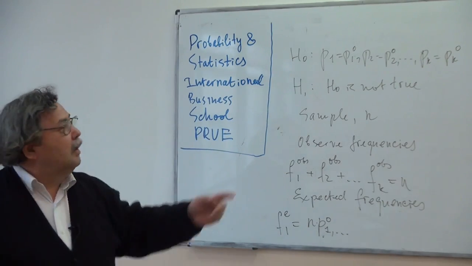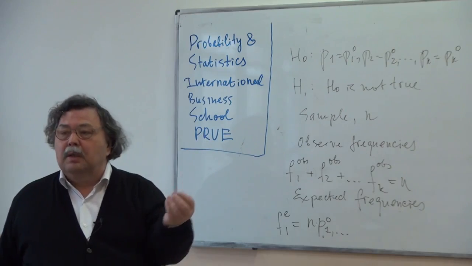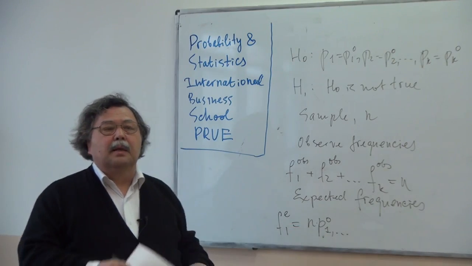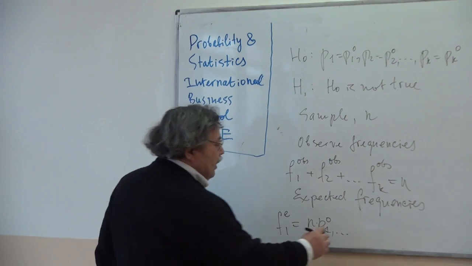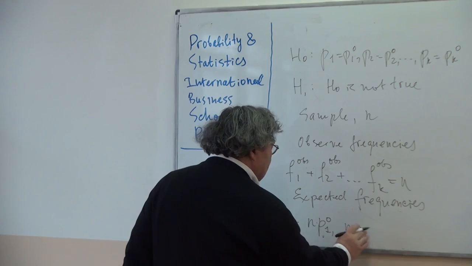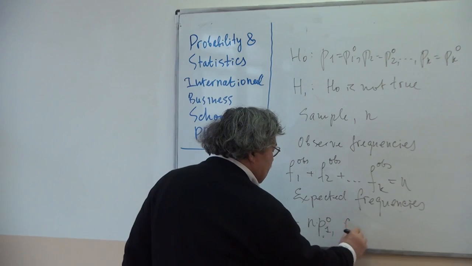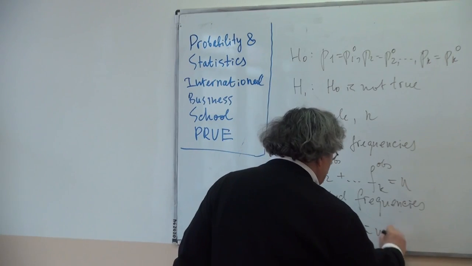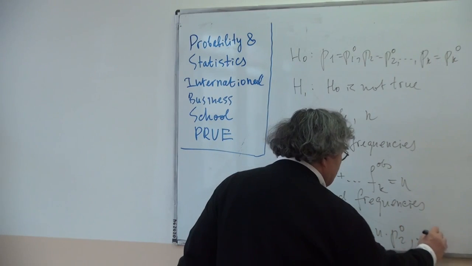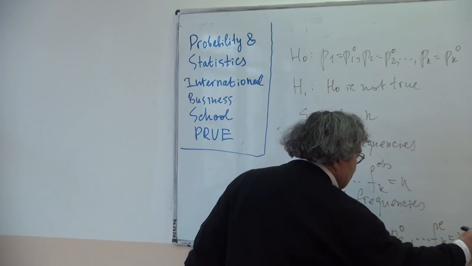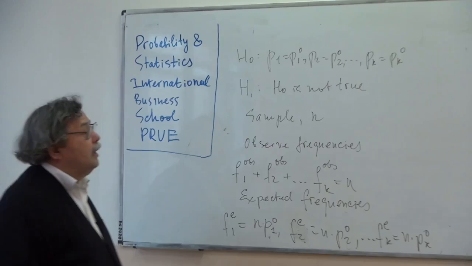So if the null hypothesis were true, literally, then we would expect to find this many occurrences of the first category. The second expected frequency is n times P2 0, and so on. And the last expected frequency is n times Pk 0. All right.